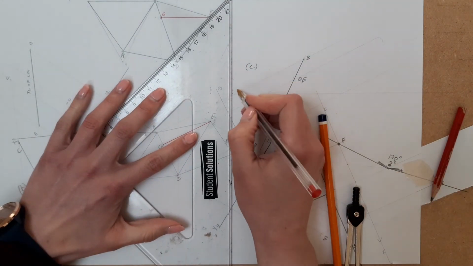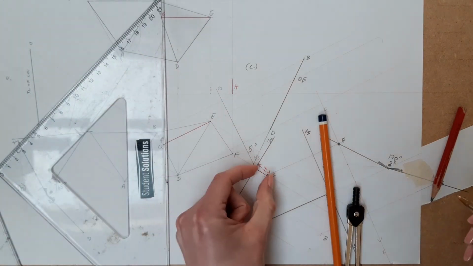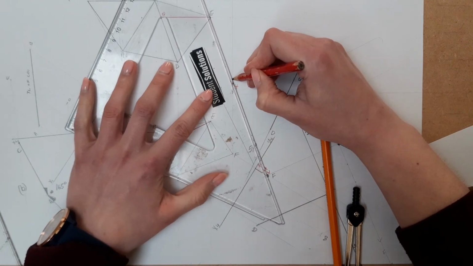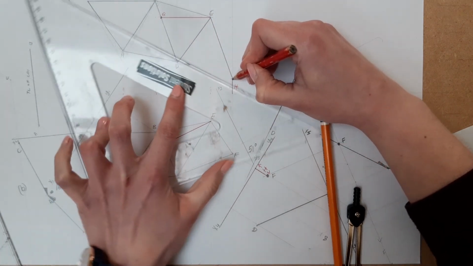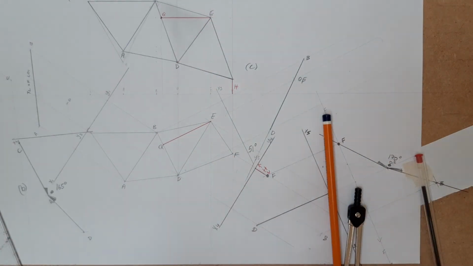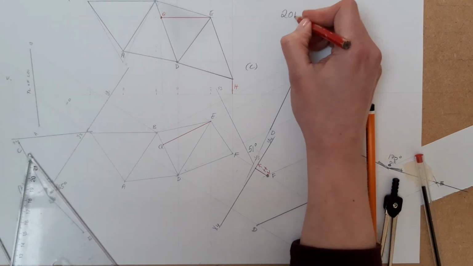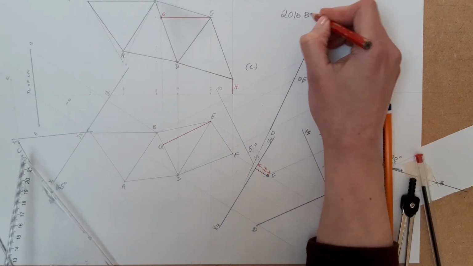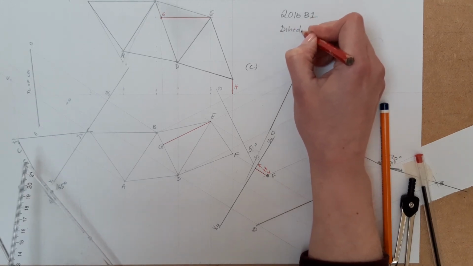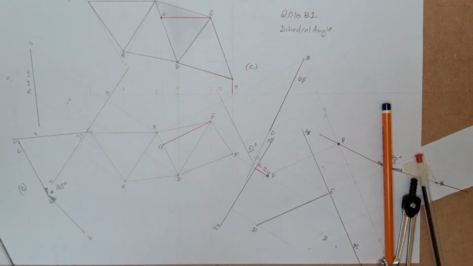I'm just going to show that in red again, so that this distance and this distance is the same, and then complete the projections, which means complete the surfaces or complete the drawing is done. Okay, so this was the 2016, I don't know where we have space on the page, 2016 B1 dihedral angle. Okay, so the dihedral angle question.